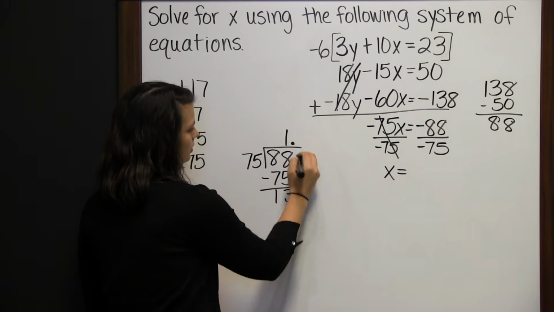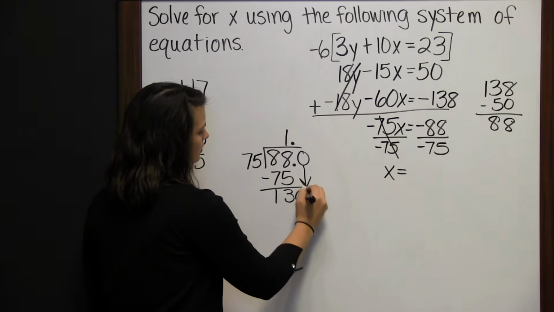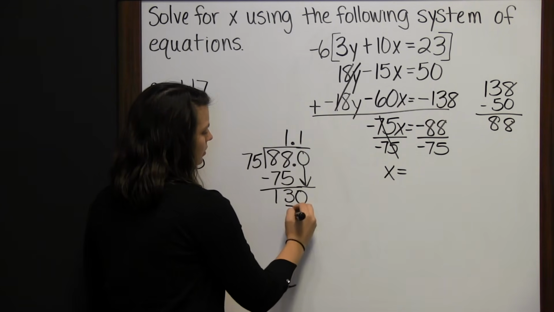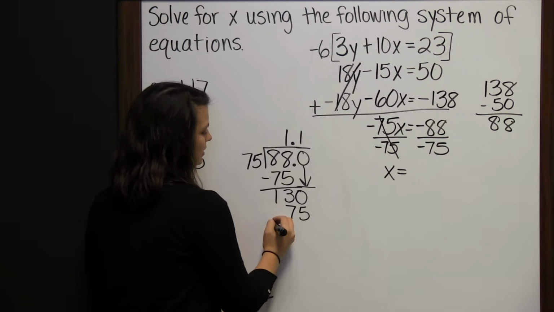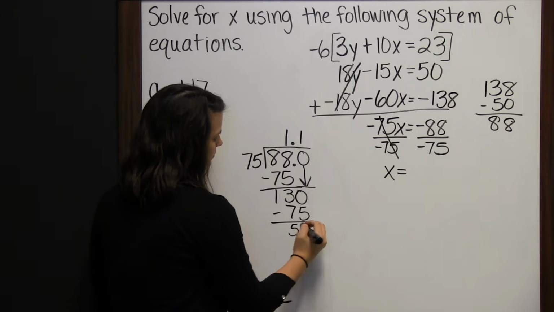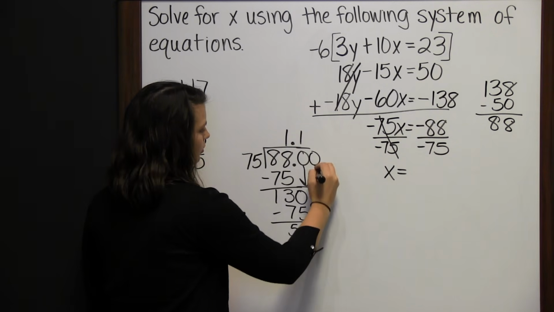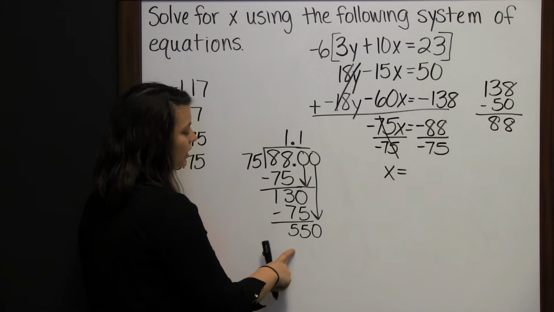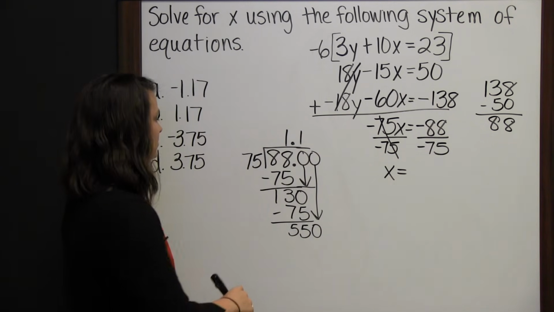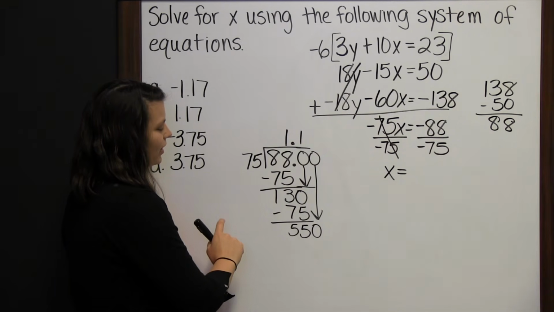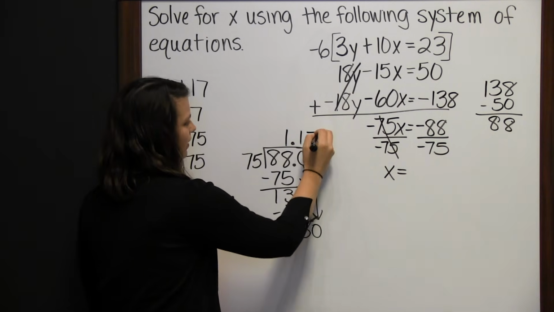Add a decimal and a 0. Bring it down. 75 goes into 130 one time. 75 times 1 is 75. Subtract, and we get 55. Add a 0 and bring it down. And 75 goes into 550, I believe, 7 times. 7 times 70 is 490. 7 times 5 is 35, so that'd be 525.